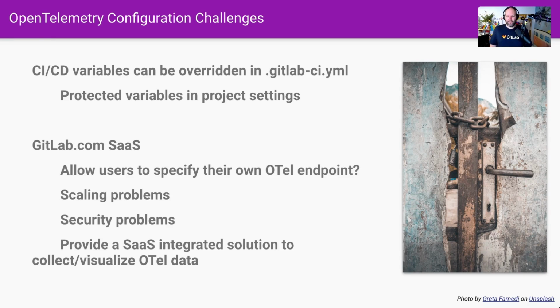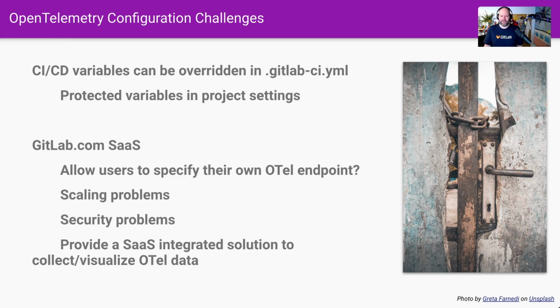And the other thing, like CI/CD variables can be overwritten in CI/CD configuration files. Maybe use protected variables for that, or really dedicated variables which are then being set for OpenTelemetry. Specifically for the SaaS platform, should we allow users to specify their own OpenTelemetry endpoints, or using a different solution?